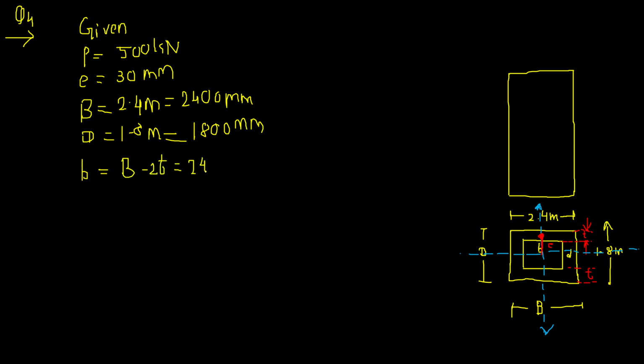Capital B is 2400 minus 2 times the thickness. Thickness is given in the question. Thickness is 20 mm. So 2400 minus 40, that is equal to 2360 mm.